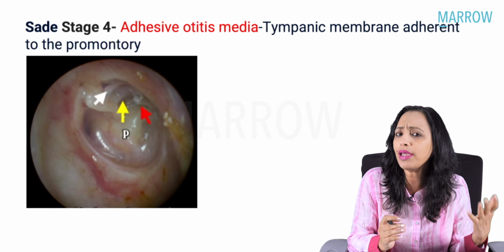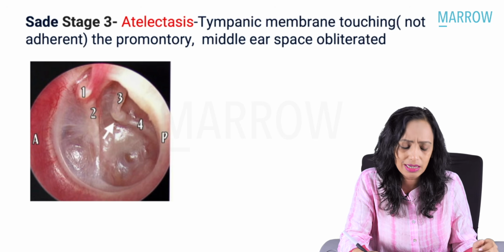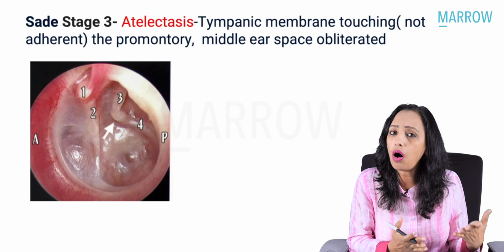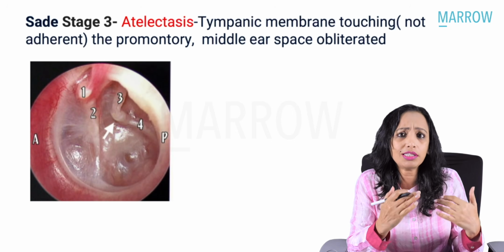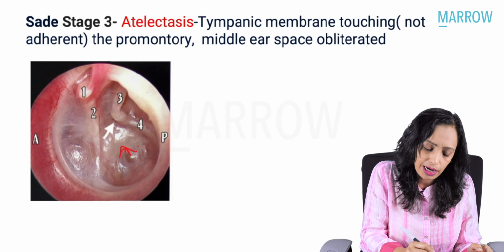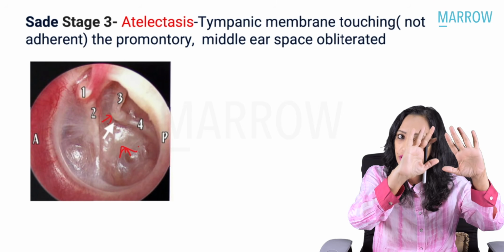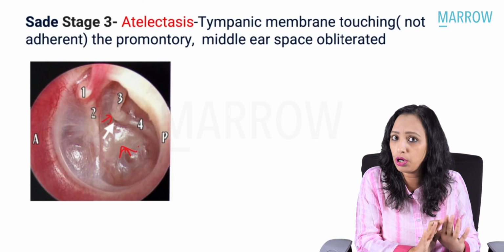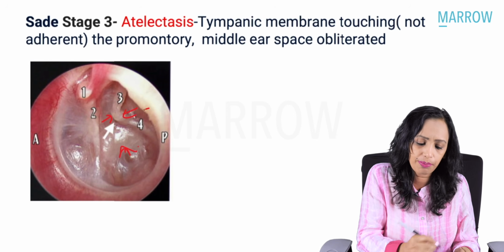Now, just by looking at the tympanic membrane, can you make out whether it is just touching or has got adhered? Just by a look at the endoscopic picture, can you make out that this tympanic membrane is draping over the promontory? Definitely it will first drape over the incus and stapes, and then it will go and lie on the promontory. So the incus and stapes will appear very prominent.